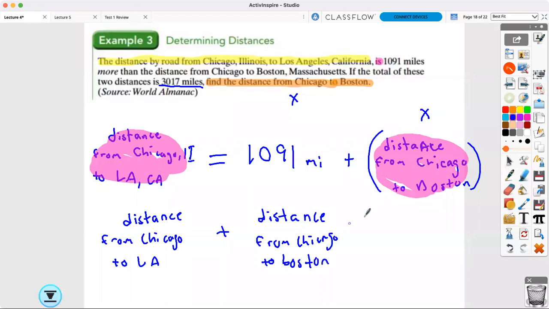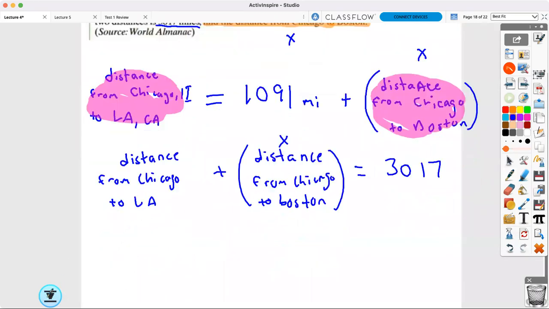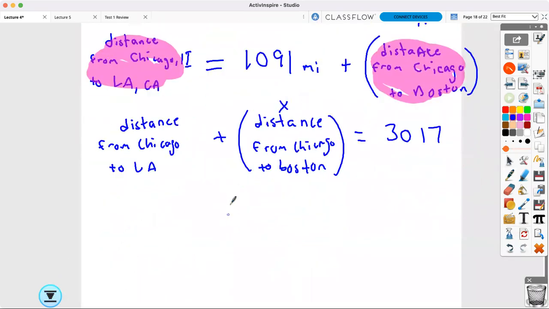Those two distances add up to what? How many total miles? 3,017. But we know this parentheses right here, this is just X. That's what we want to find, right? So the next line, this is going to be plus X right here. I'm replacing these words now with X equals 3,017.